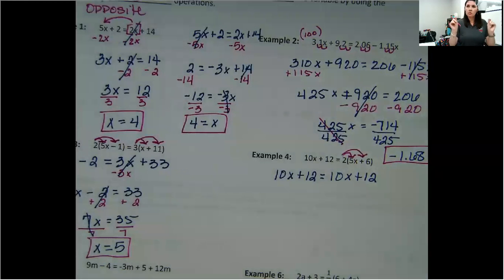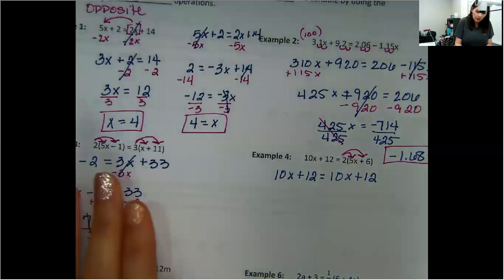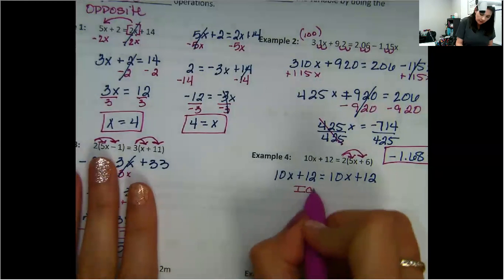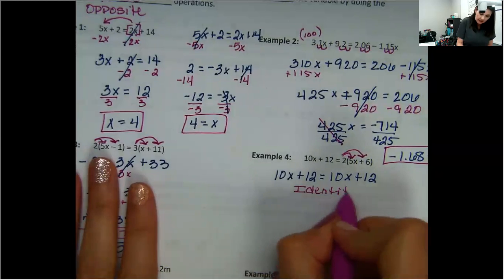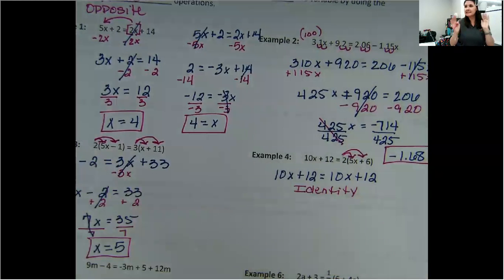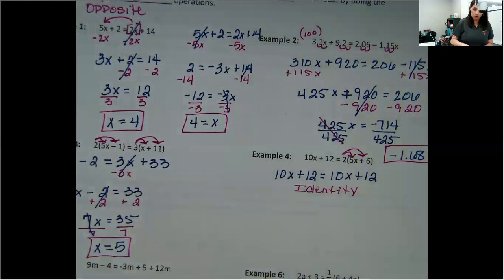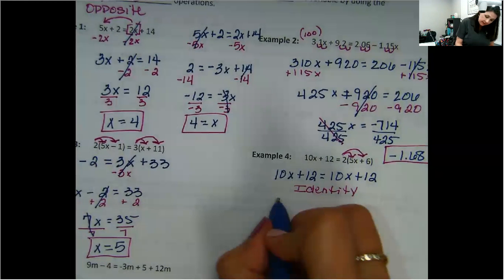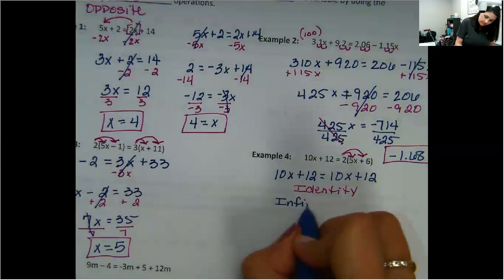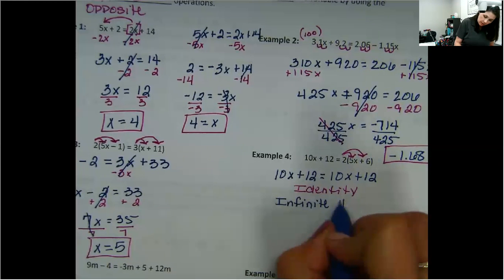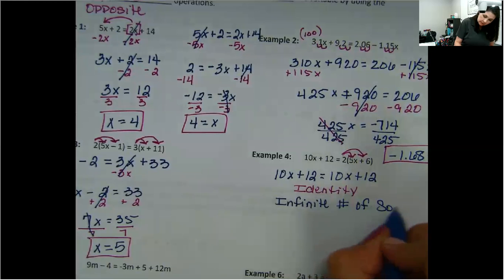What we call this, and I'm going to show you why, is the identity property, because they can identify with each other because they're both the same, right? Your answer though is infinite number of solutions.